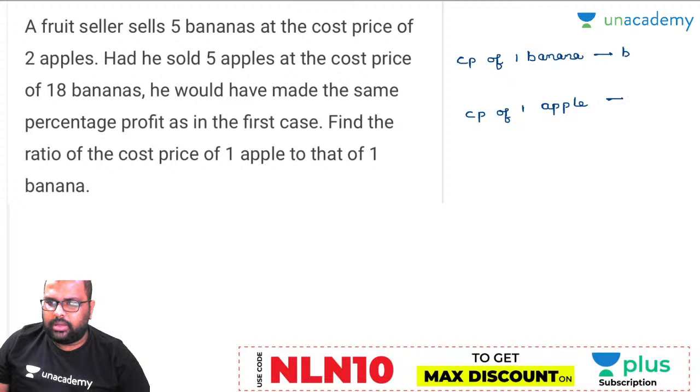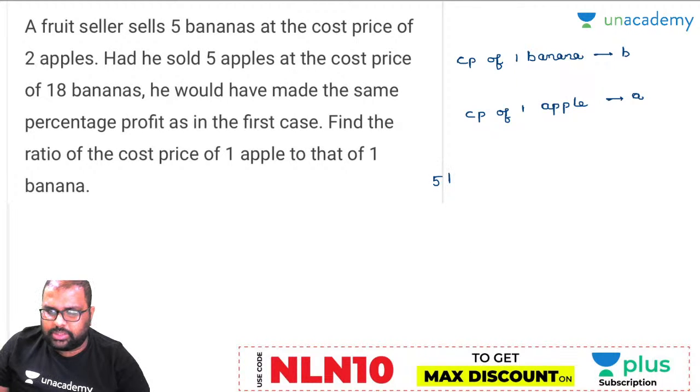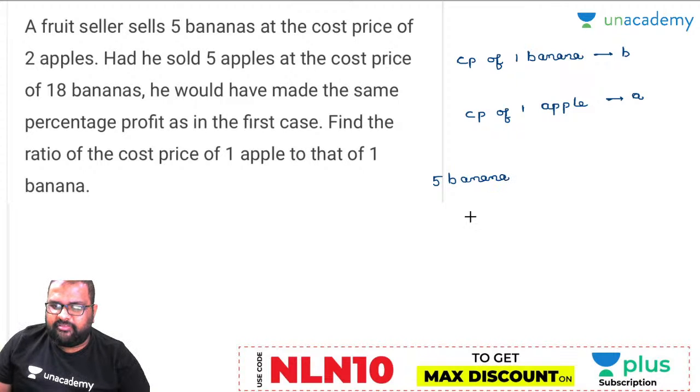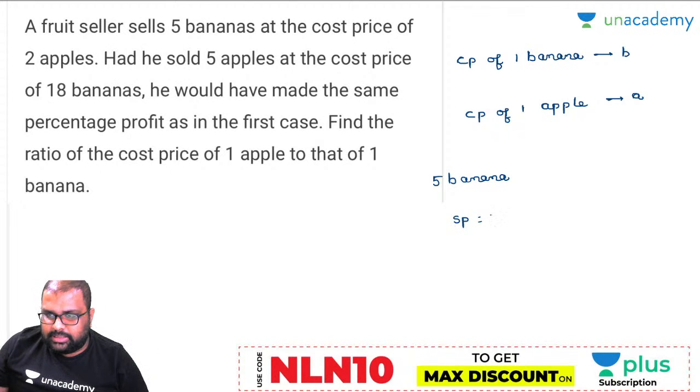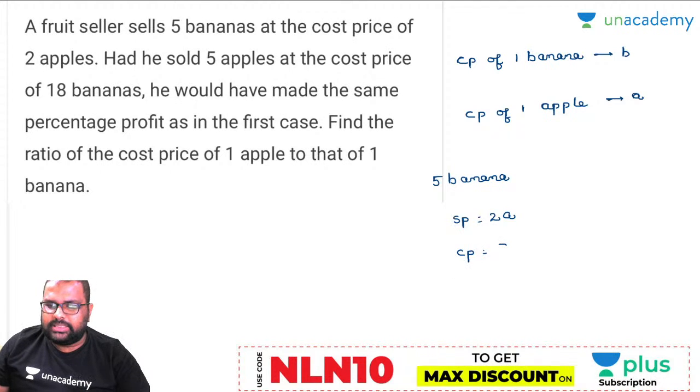Now how can you frame this equation? See here, 5 bananas' selling price is how much? I will write down the data regarding bananas here. At the cost price of 2 apples, is it 2A? Let me know yes or no. Yes. What is the cost price of these 5 bananas? Is it 5B? Yes, surely.